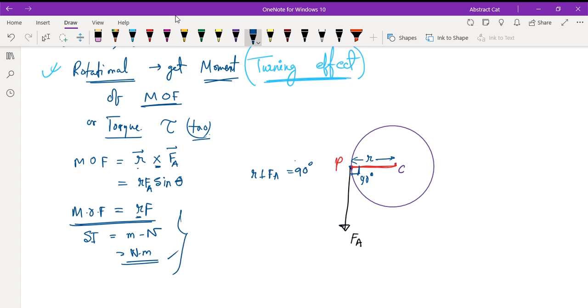Now, what is the important factor for turning? What factors does moment of force depend on? If we see some cases, case number one: if r is very small, then the moment of force is also very small.